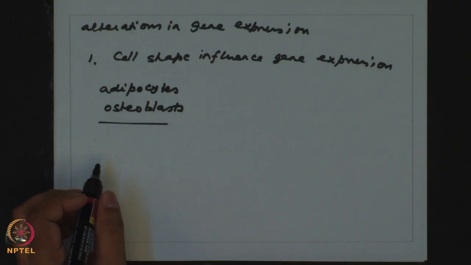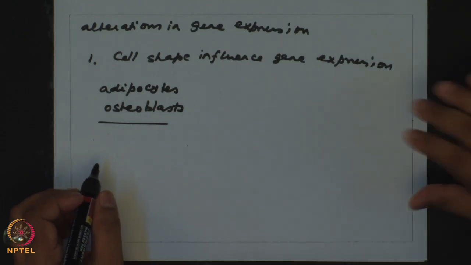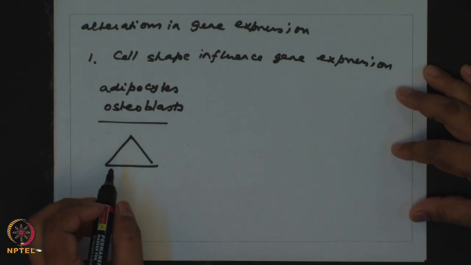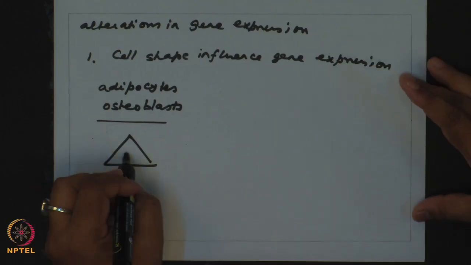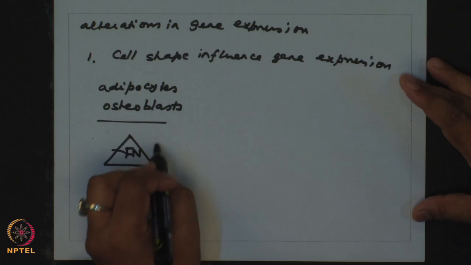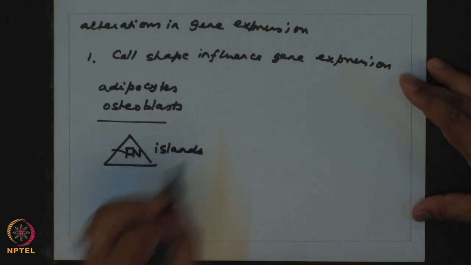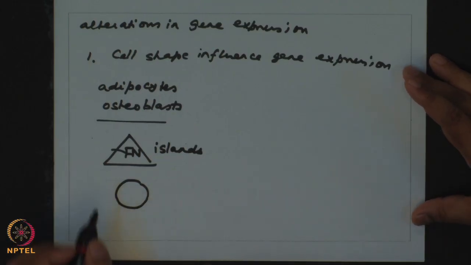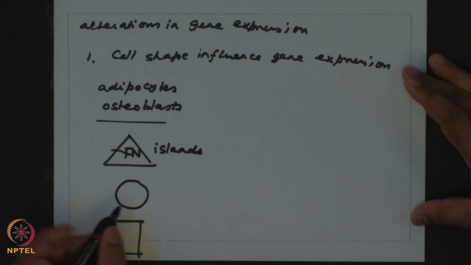What the authors did in this particular study was take a variety of shapes of microfabricated islands coated with fibronectin. They generated various geometries, different shapes, triangles, rectangles and circles, and they also altered the sizes of these.